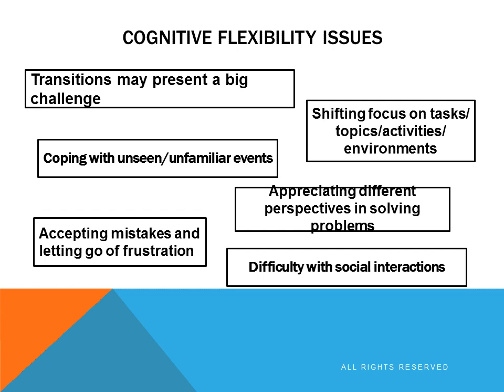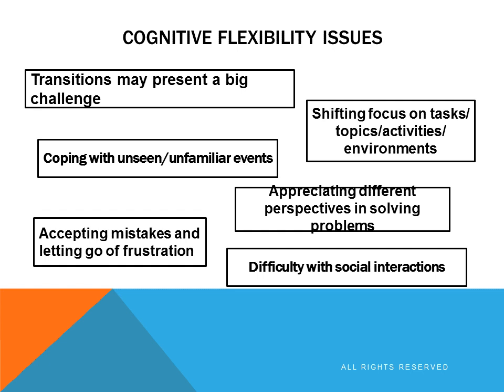So shifting focus from one topic to the other, or they may go on continuing with their own topic and extending it instead of empathizing and moving on to the next topic that the other students are talking about.